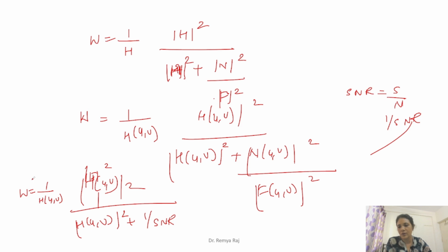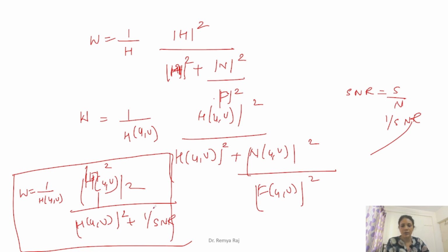So this will be your final equation. In some equations you can find 1 by SNR is equal to K also.